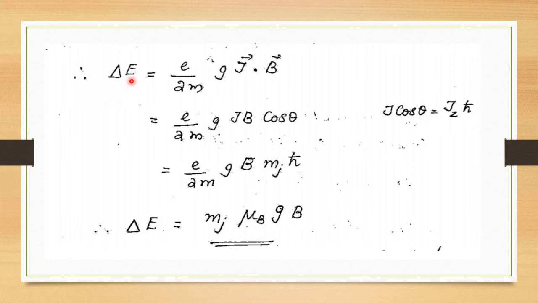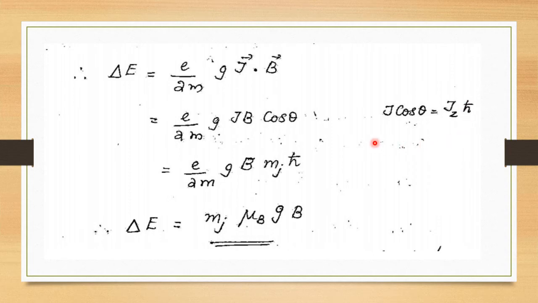Therefore, the interaction energy delta E is equal to e by 2m g J dot B. So, what is J dot B? That is J B cos theta. We know that J cos theta is the space quantization factor, equal to Jz.